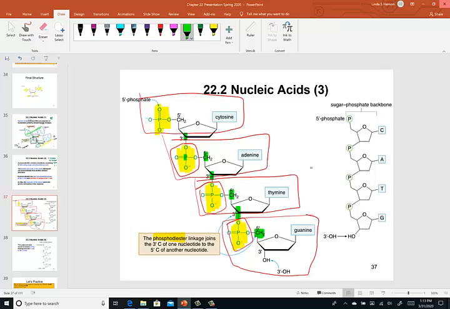You know what else is kind of cool is how we're just abbreviating the bases by name. So when I see cytosine, I can see a shorthand way of just denoting what those bases are. But when we have to draw these, you have to be able to draw those bases. And again, when our test arrives, we know that it's a multiple choice test, but you do need to recognize what is the structure called cytosine, what is the structure called adenine.